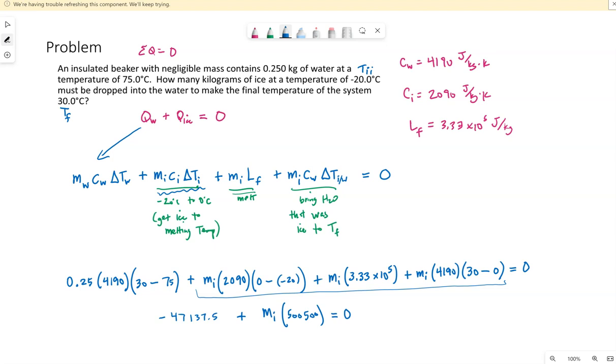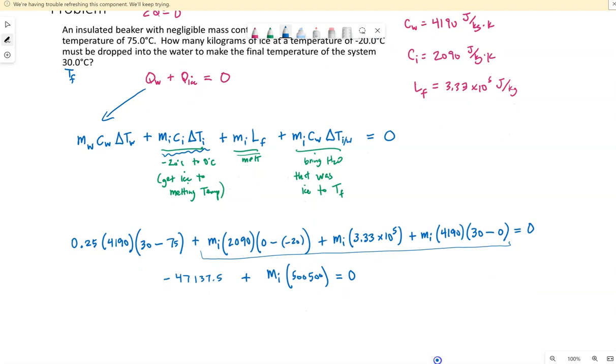But negative, again, that means energy's leaving the water that was originally water and going into this ice. I'm getting 0.0942.